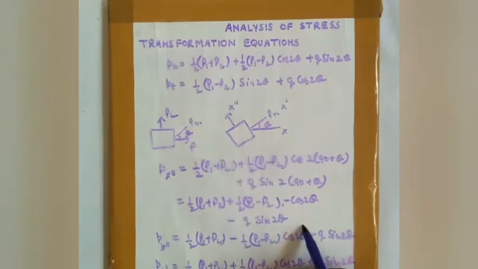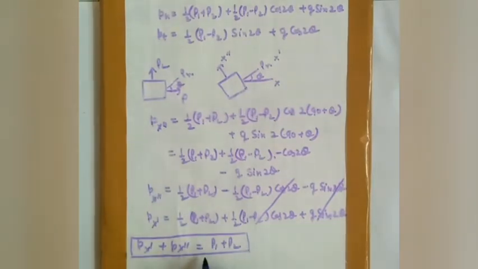These two terms get cancelled, and what we have is Px dash plus Px2 dash is equal to P1 plus P2. So this is another good conclusion.